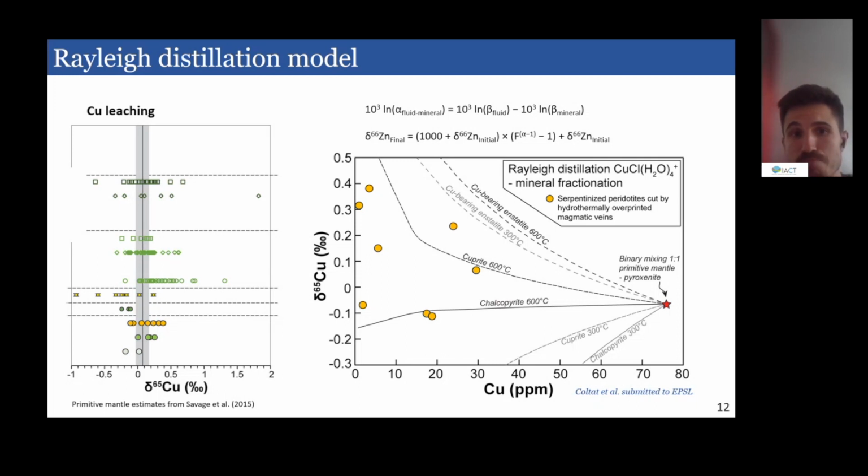So this means that copper leaching probably occurred at high temperature, and this temperature is in good agreement with what we found from the titanium thermometry in amphibole.